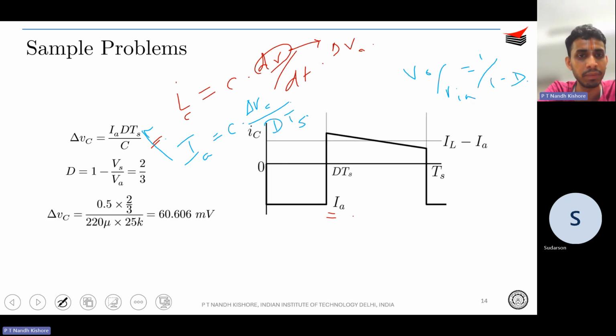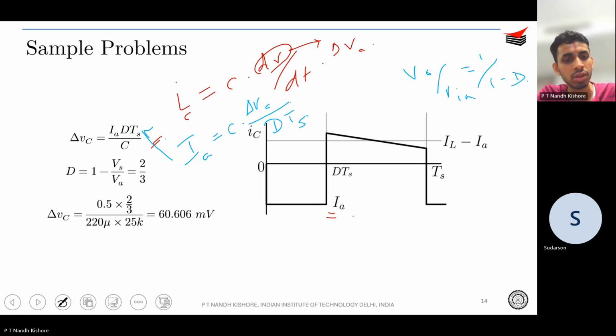Simple, right? From the known parameters itself, you can just find it out. Just the point is they have asked something about the capacitor, so draw the relevant waveform. If it's about the inductor current, you draw the inductor current. Here it's about the capacitor voltage, so draw the capacitor current. It will be easy for you to formulate all the expressions.